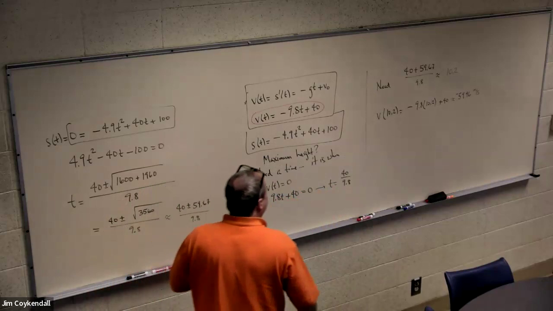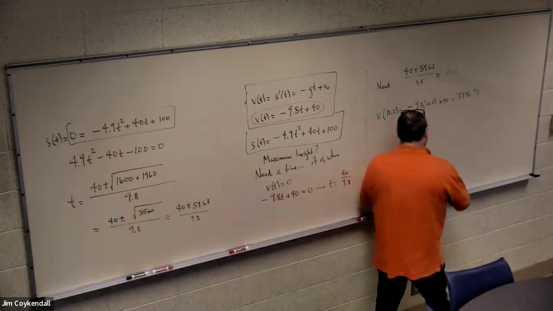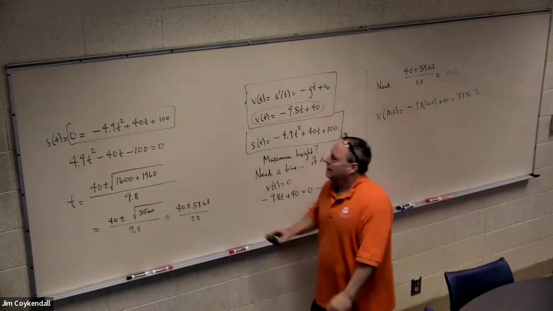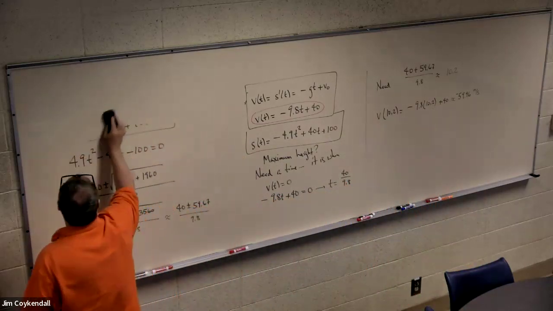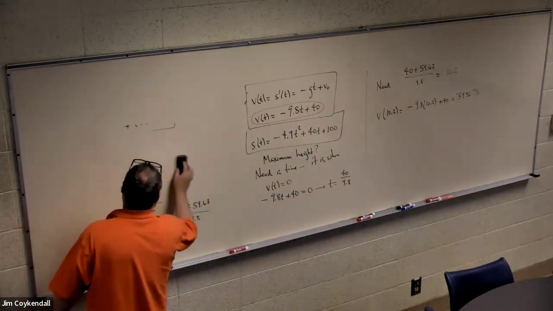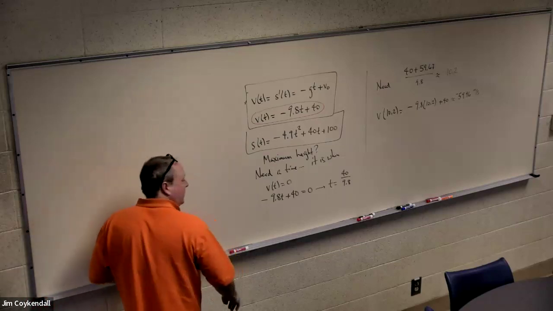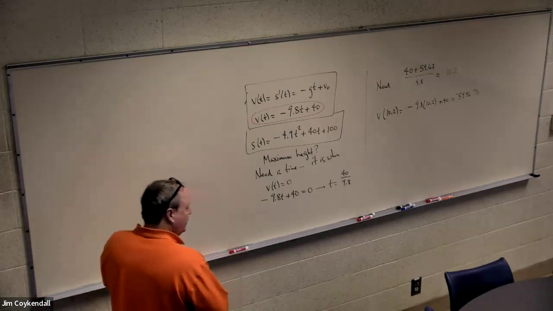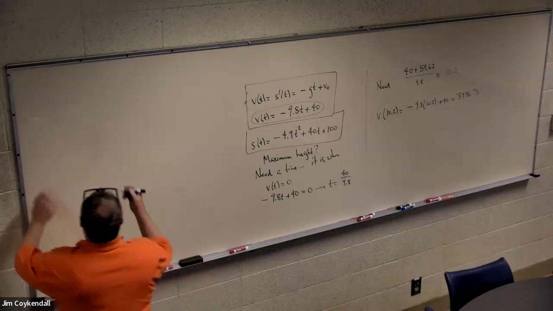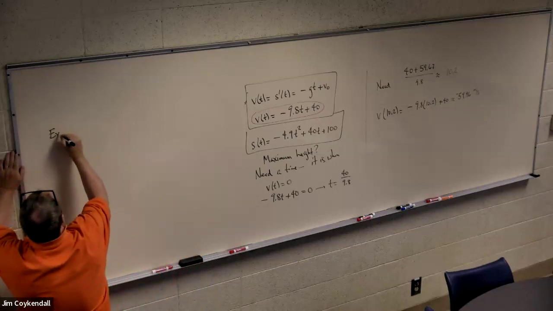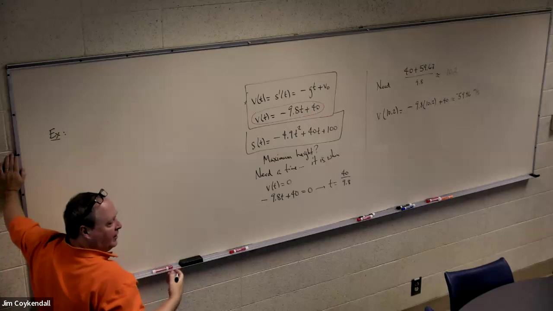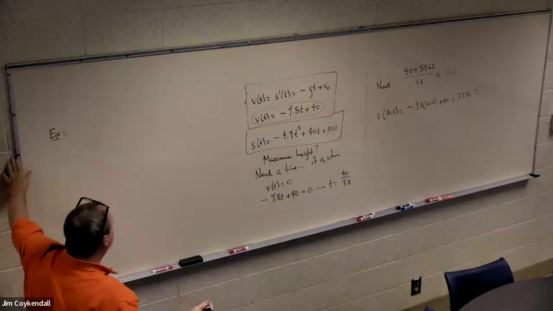Okay, I want to talk about the quiz from yesterday. But first, let me give you a new example, I want you all to work through this. This is kind of a silly example, and I'll show you why.